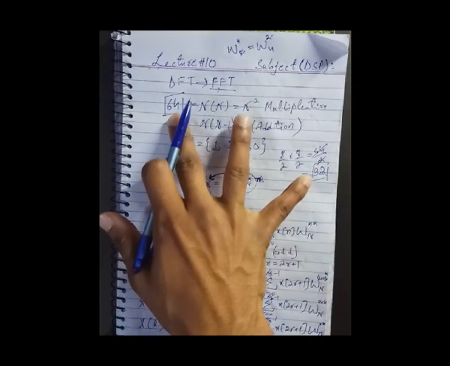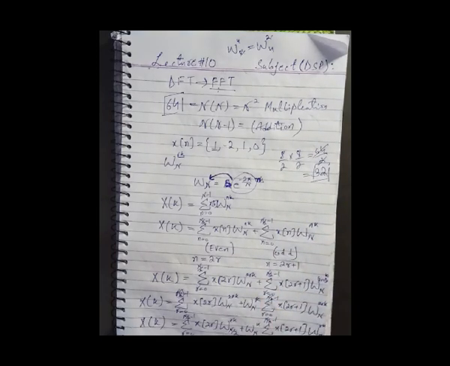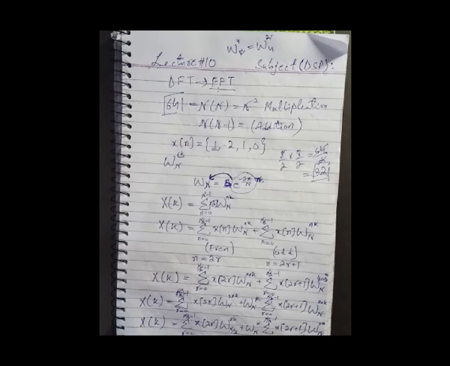So the multiplication has reduced to half. And if we further subdivide this signal into even and odd, we can reduce the multiplication complexity more.